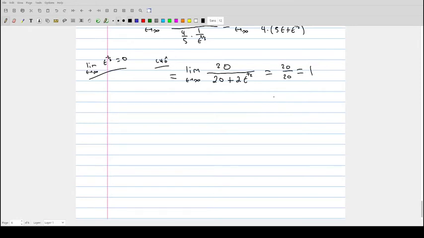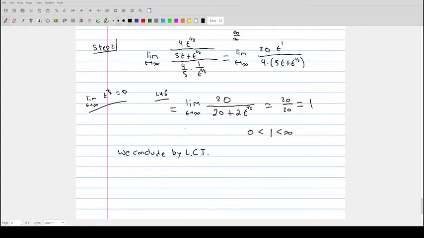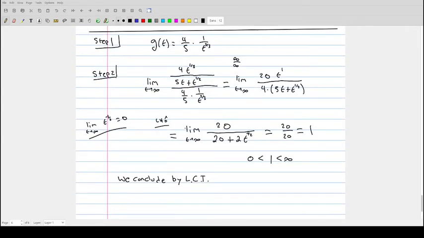And because 1 is a real number that's less than infinity and also greater than 0, we can conclude by the limit comparison test that the following is going to be true.